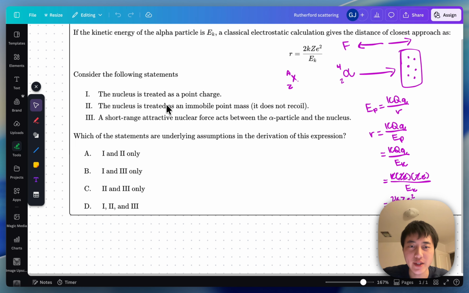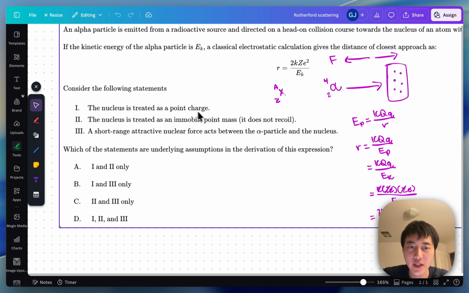The nucleus is treated as a point charge. Yes, this is true, and we assume that the charge is uniform. The nucleus is treated as an immobile, very heavy mass. Yes, it does not move. We assume that because it's large enough, it does not move, have displacement or acceleration, because relatively it's too heavy.